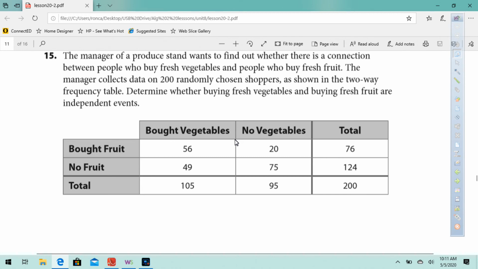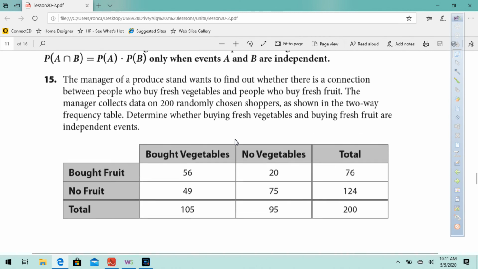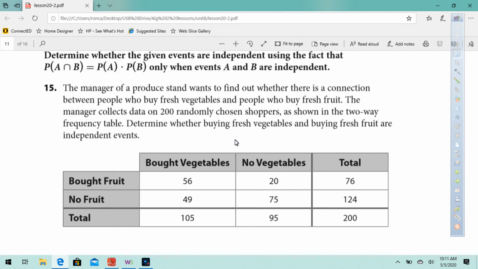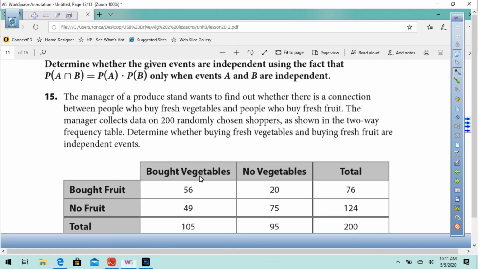The manager of a produce stand wants to find out whether there is a connection between people who buy fresh vegetables and people who buy fresh fruit. The manager collects data on 200 randomly chosen shoppers as shown in a 2-way frequency table. Determine whether buying fresh vegetables and buying fresh fruit are independent events.